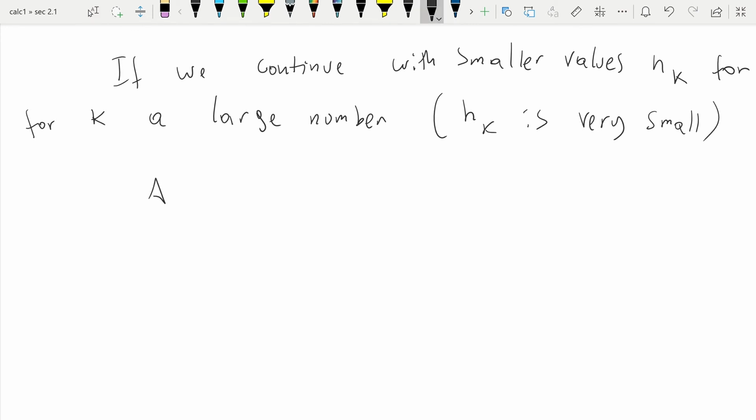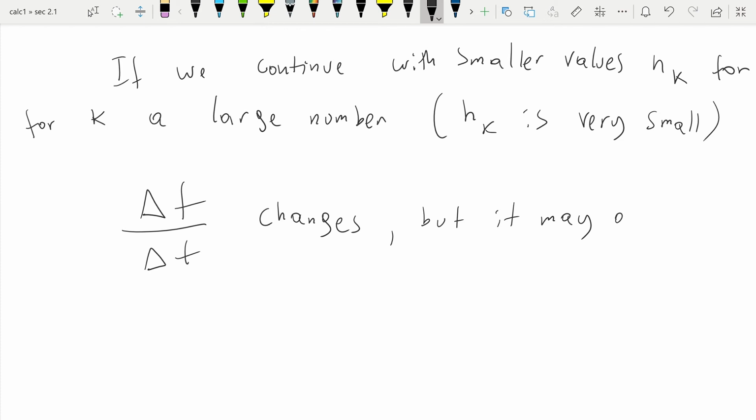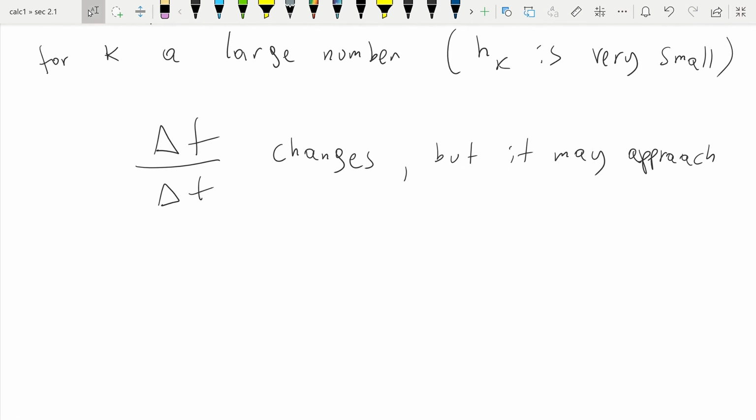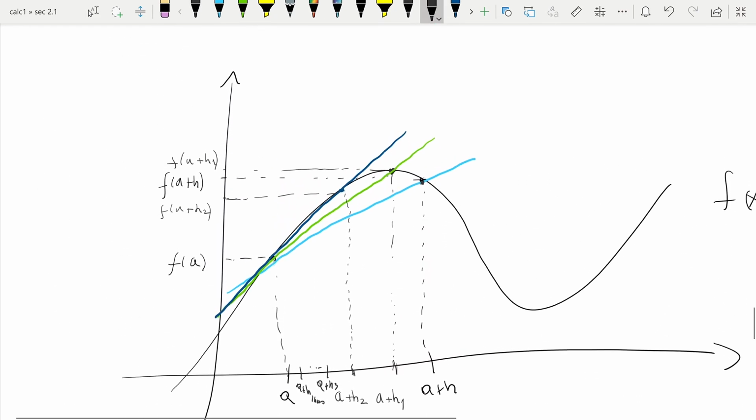Then delta f over delta t changes naturally, in most cases, unless the function was linear to begin with, but it may approach, so we're using delta x here, right?